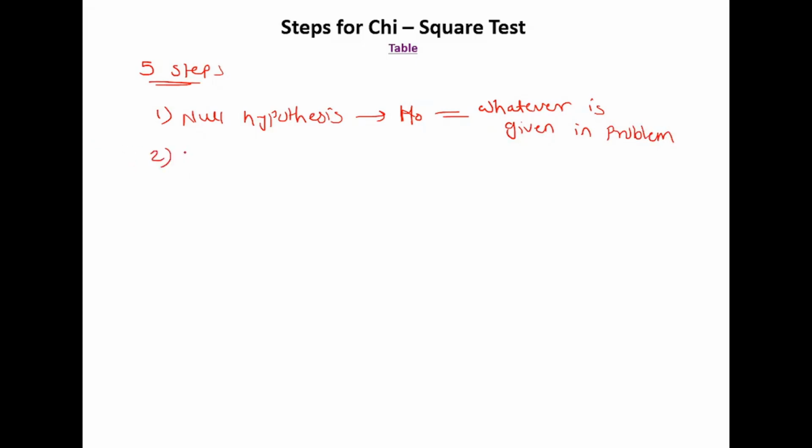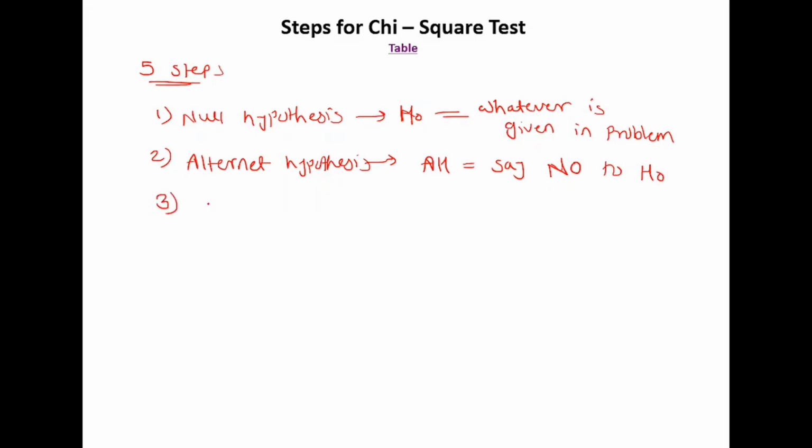In second step, we define the alternate hypothesis. In alternate hypothesis, we say no to null hypothesis.